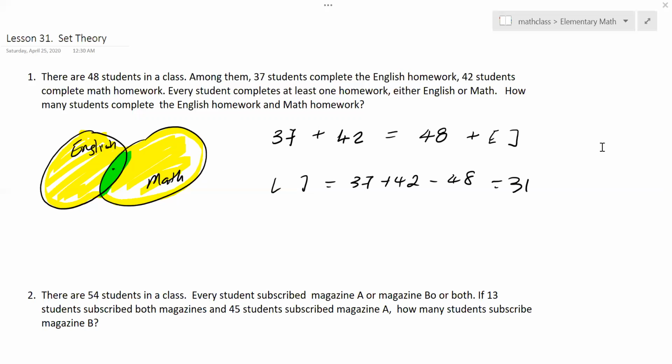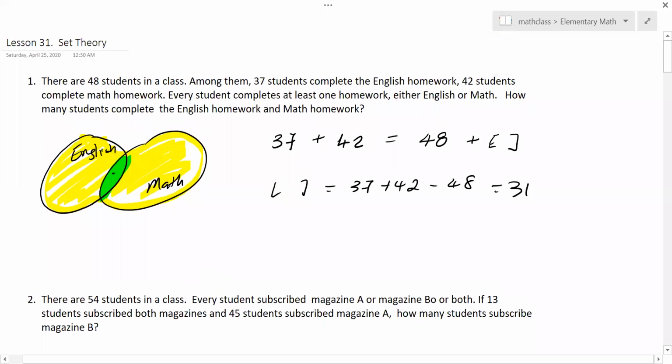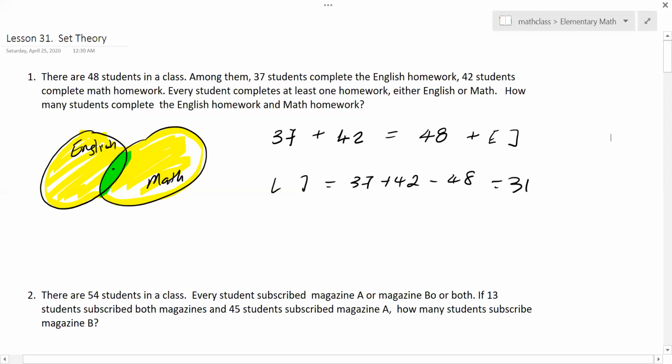Let's do the next problem. Before we do the next problem, let me give you the general formula.